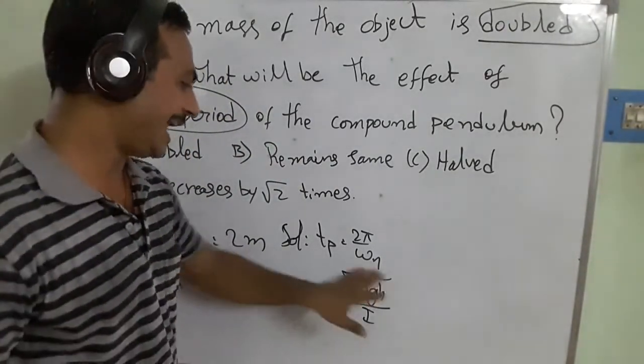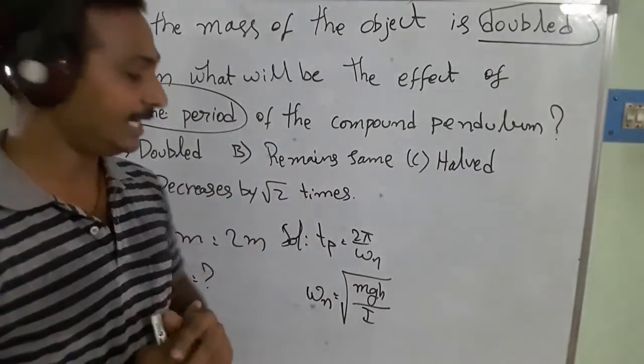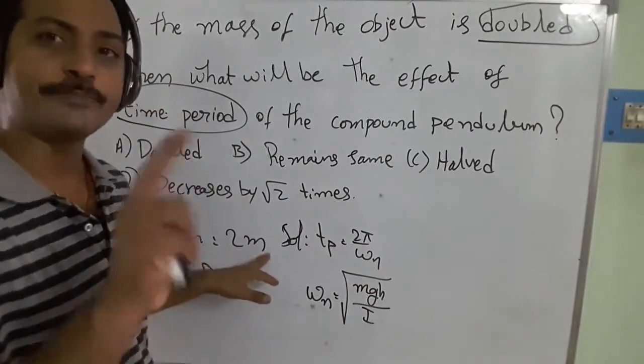This is for the original mass, that is 1 unit of mass. But in this case, the mass is equal to 2 times the original mass.